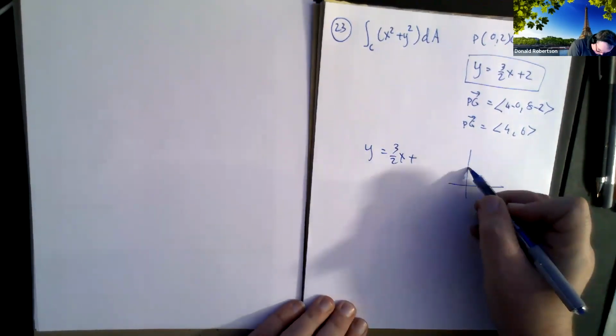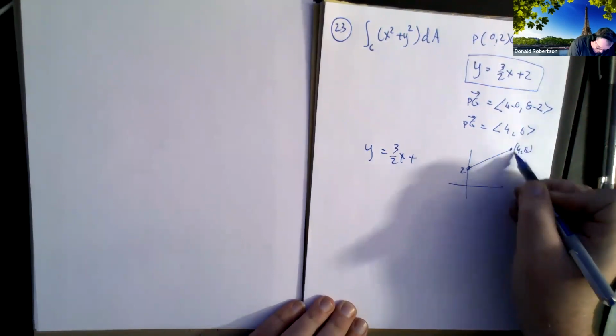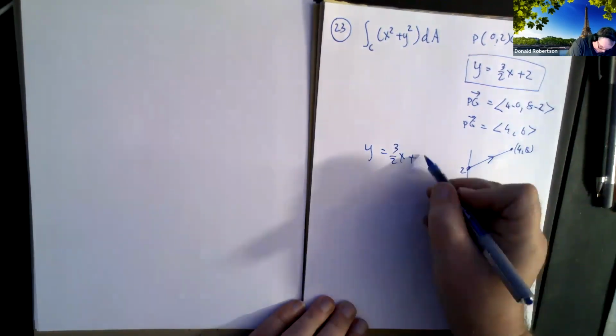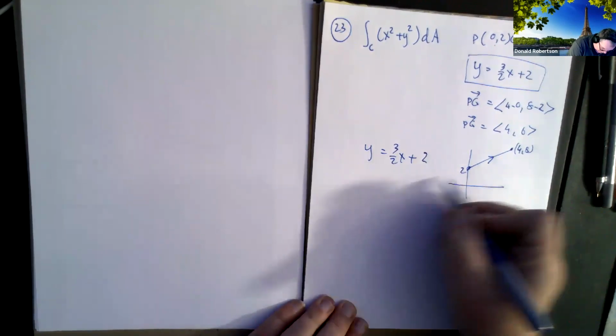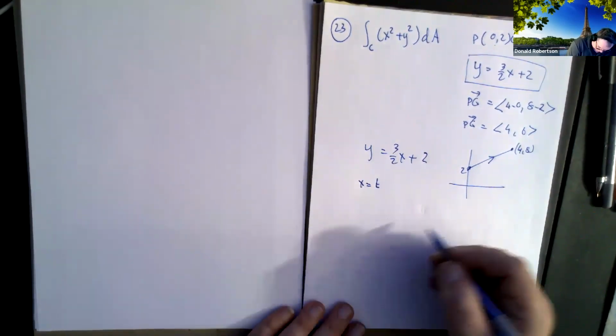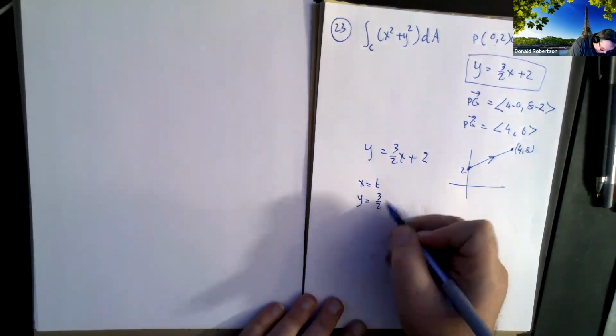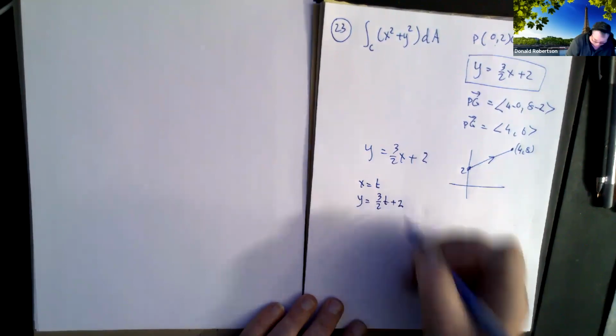If you look at this line, you start here and you finish here, it's called a line segment. And you make x equals t in any of these situations. And then you make the y 3/2 t + 2.